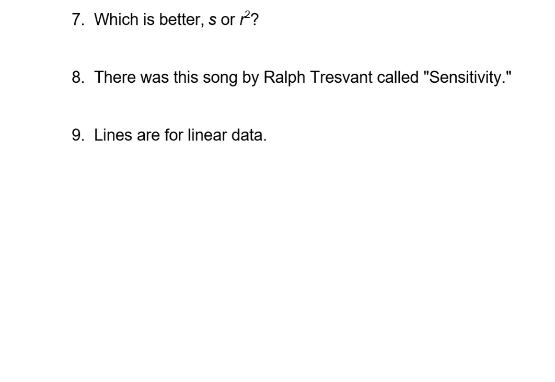Three more warnings. Which is better, s or r squared? It's not enough to look at just r squared or s when assessing a linear model. These two measures address different aspects of the fit of a line.